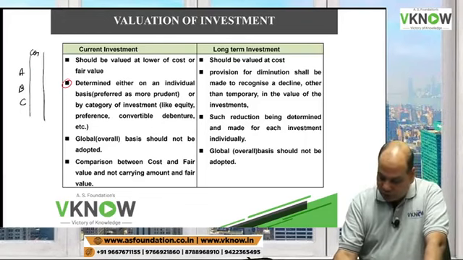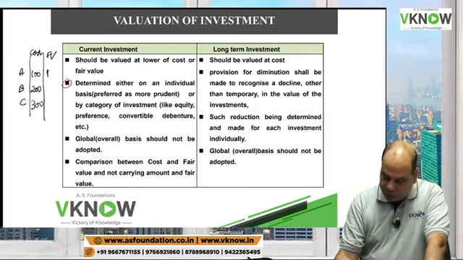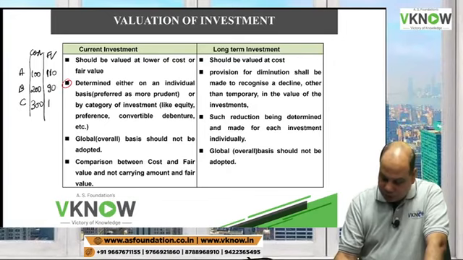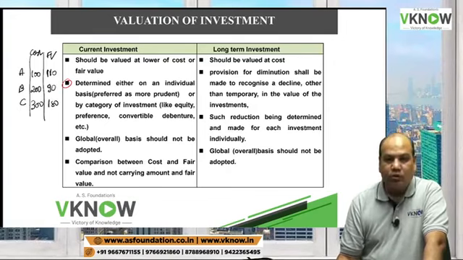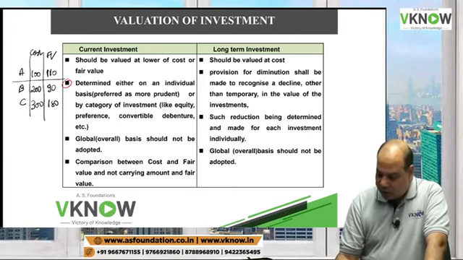I will take cost, I will take fair value. Suppose cost is 100, 200, 300. Fair value is 110, 90, 180. What I should preferably do as per the standard, I will take one by one.